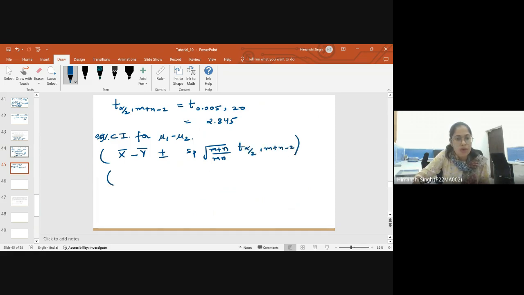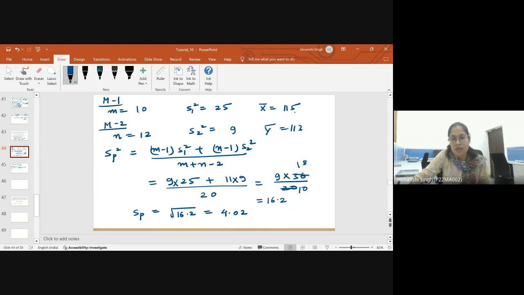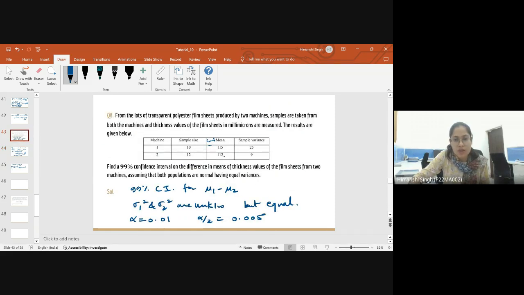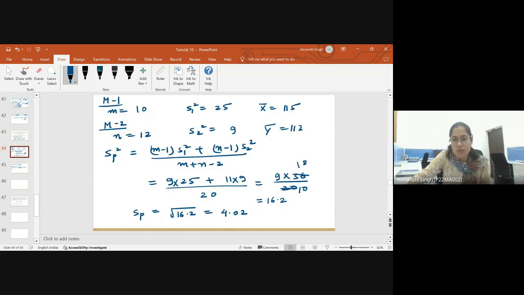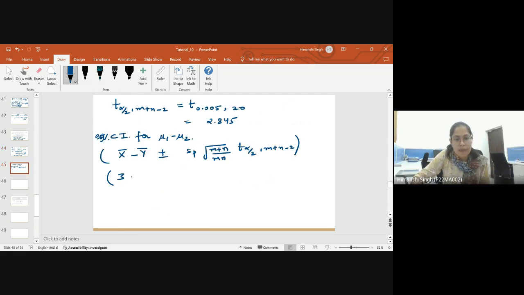So x bar minus y bar is, okay, I've made a mistake, so it is 12 minus 9 here. So x bar minus y bar will be 3 plus minus.